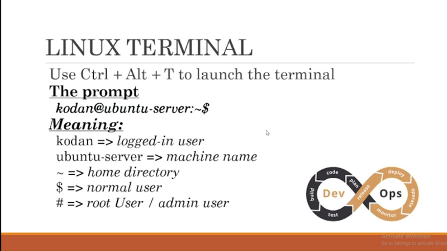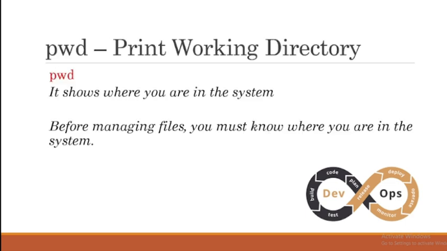Let's look at our first command. The first command is pwd, which means print working directory. The print working directory command shows you where you are in the system.